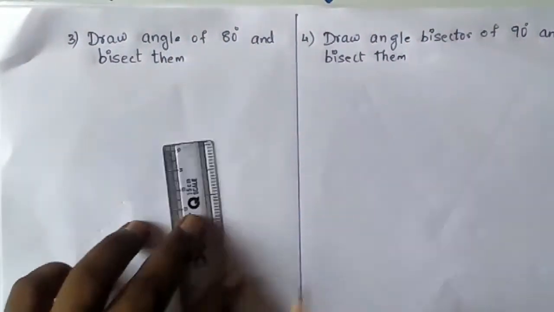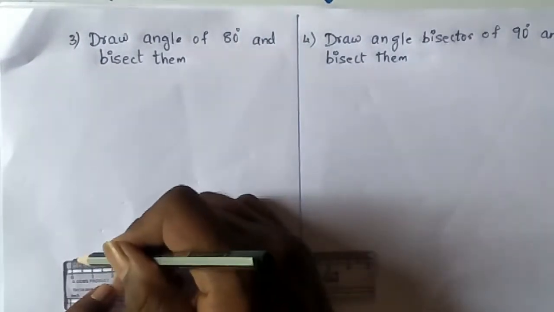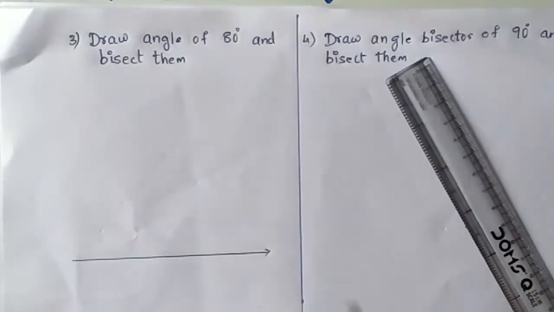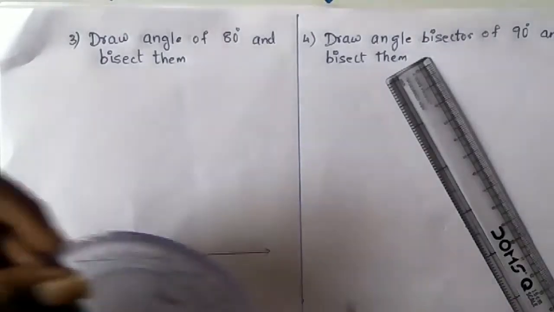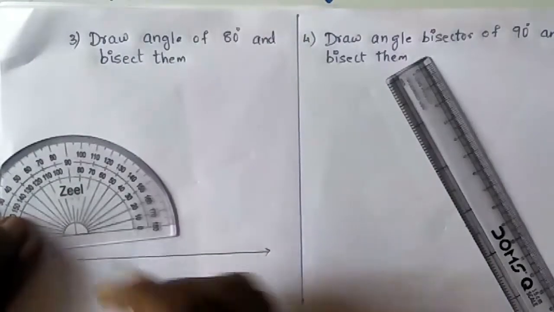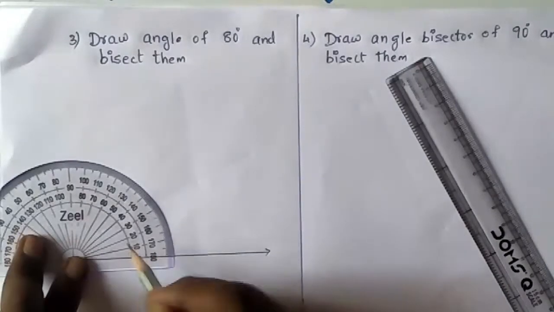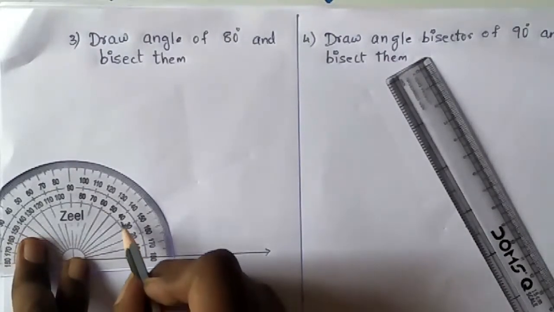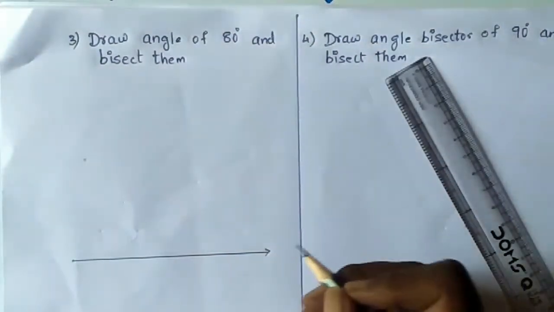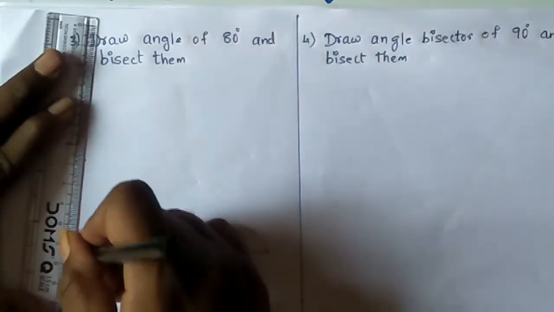Same method I am using. You can take any measure. Now using a protractor, make a point first, then mark 80 degree: 0, 10, 20, 30, 40, 50, 60, 70, 80. Mark it, then take a scale and join this.